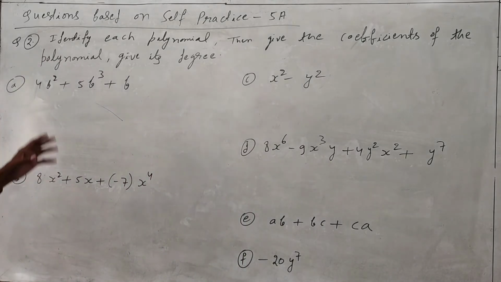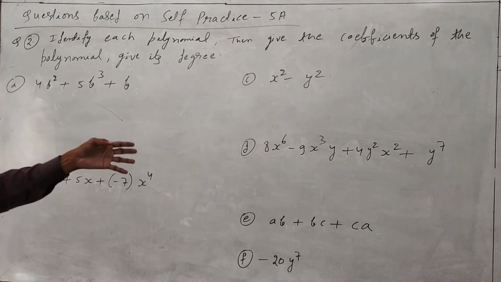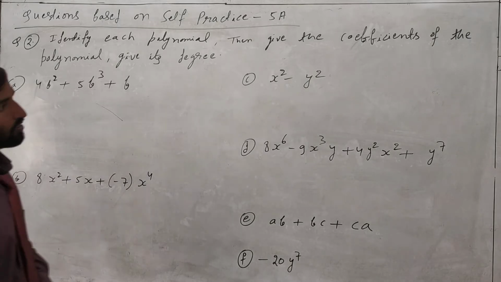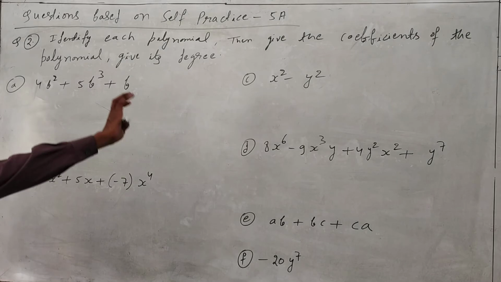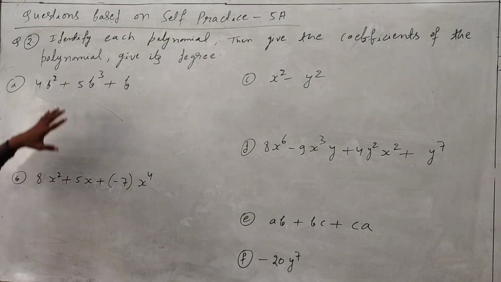And we have to also find the degree of the polynomial, meaning what is the degree of the given polynomial. Each expression has different powers, depending on how many powers are given on each variable. So we have to identify the degree. Degree means highest power. First I will explain one by one.